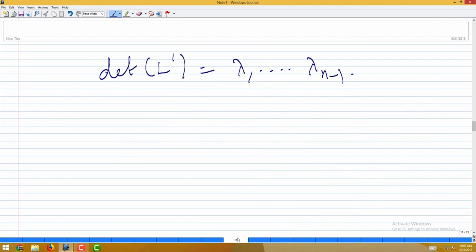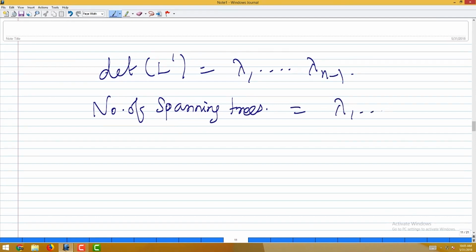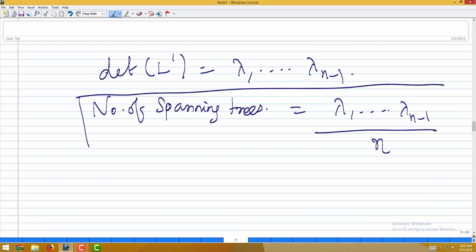So, if you look into that, the number of spanning trees from here can be counted using this value as lambda 1 up to lambda n minus 1 divided by n. The product of all the eigenvalues divided by n. So, this is another result which also gives you a count, exactly I can tell you what is that count, from the eigenvalues of the Laplacian.